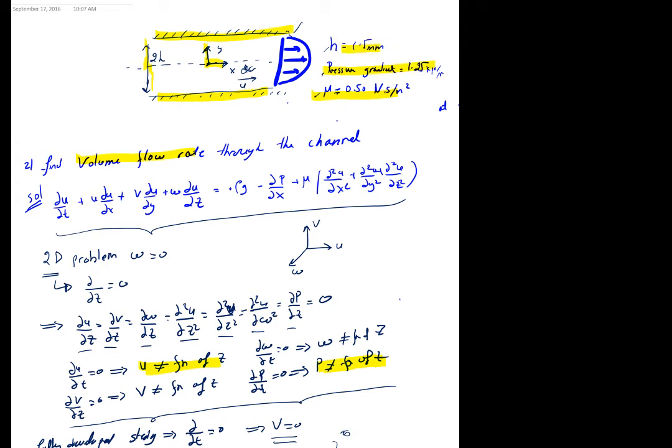So I will say when y equals h, I have u equals 0, because when the fluid is going through the plates, at the edge of the plate, the fluid will stick to the plate and its velocity will be 0. This is one boundary condition. Second boundary condition, at y equals minus h, the bottom, again I have u equals 0.